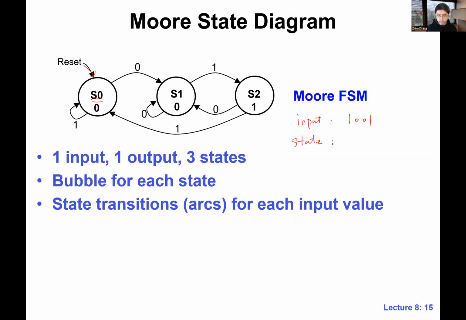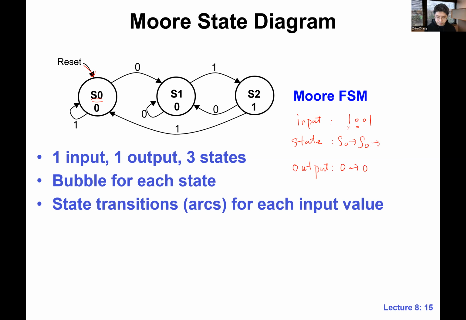At S0, we are seeing a 1. So what is the next state? We are starting from S0, and the next state is S0. So we are done with the first 1. We can also look at the output. Initially, we are at S0, so we output 0. Next cycle, we also output 0. We stay at S0. Now we are seeing a 0.